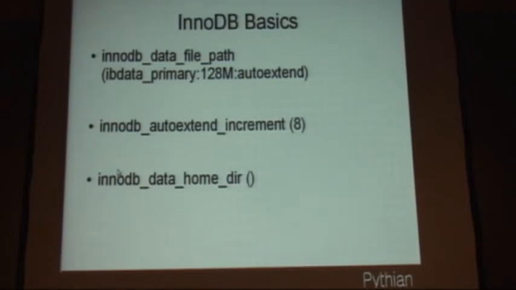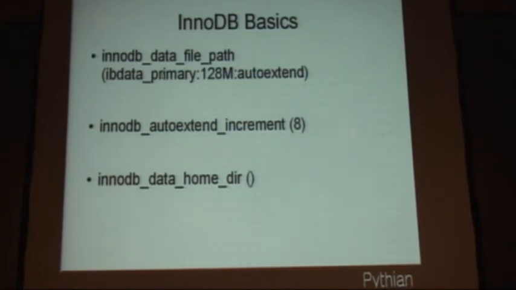InnoDB auto extend increment. This is the name of the data file. You can also have a path if you want to. Otherwise, it will put it in the InnoDB data home dir. So this server, where the InnoDB data home dir is blank, would actually use the data dir.